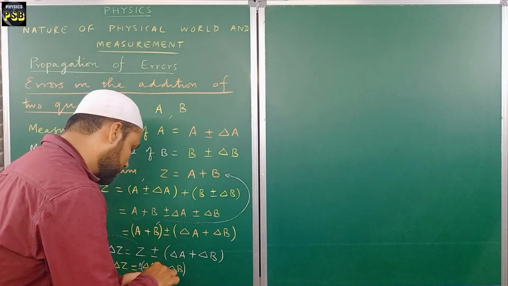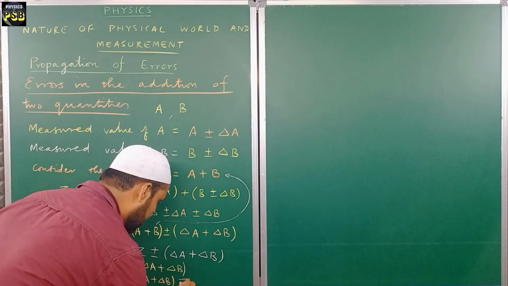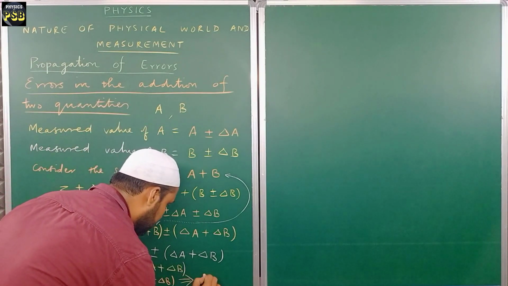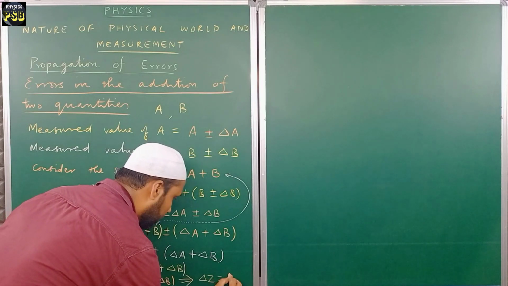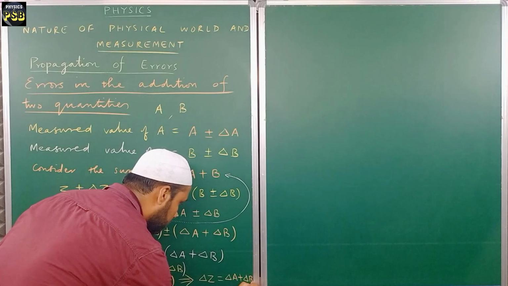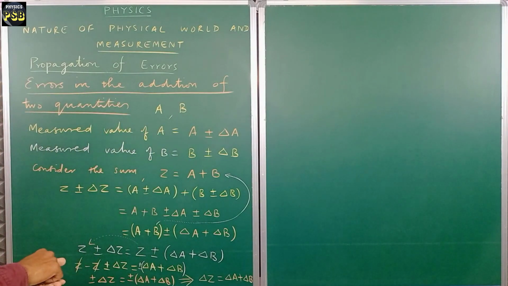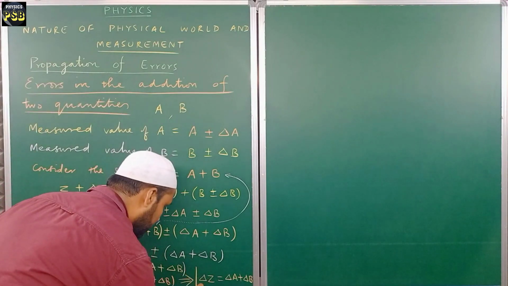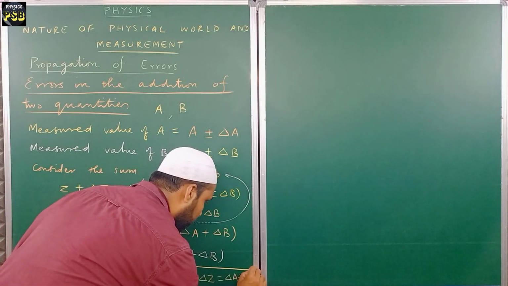The final expression that we obtain is delta Z equals delta A plus delta B. I box it for better visibility.